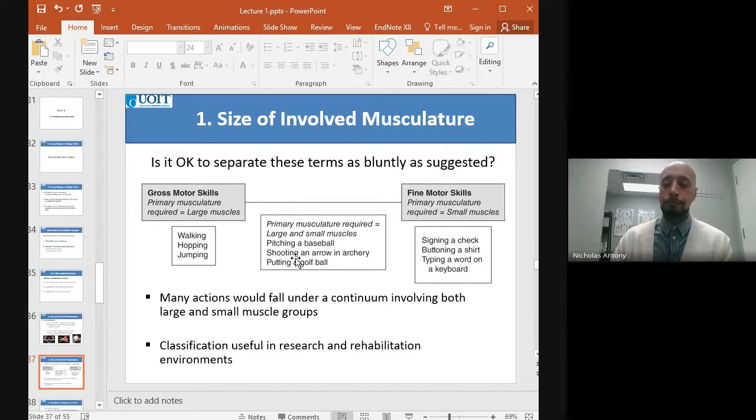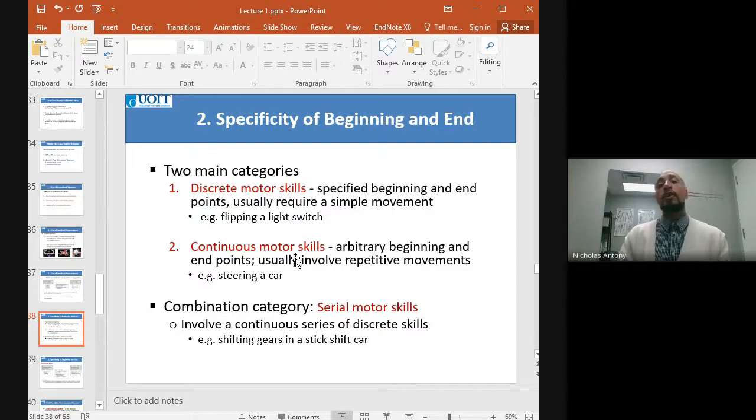Thanks. Okay. So the second one-dimensional system was the specificity of the beginning and end of the movement. Now that sounds a little bit difficult, but this one-dimensional system wants to classify motor skills as either discrete or continuous. What's the difference between me picking up this cup, drinking, that's the motor skill, versus me running a marathon?